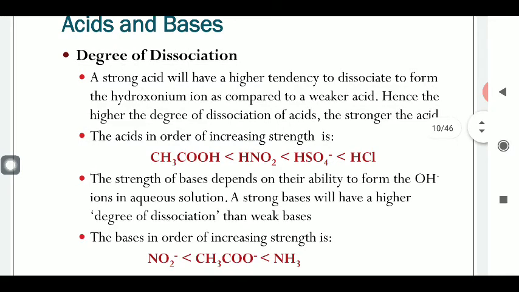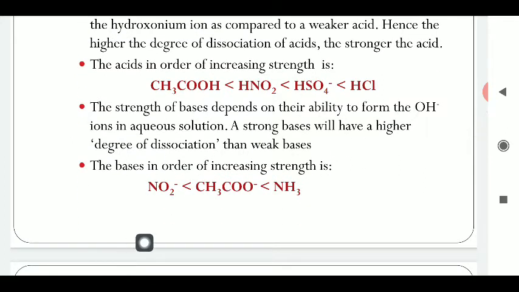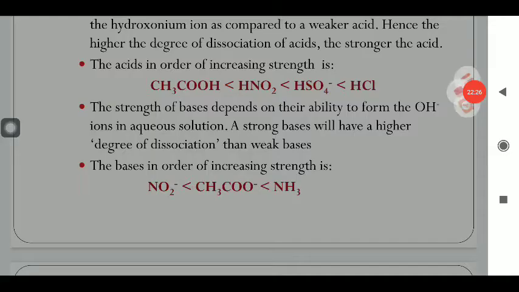On the basis of strength, the weakest acid is acetic acid, somewhat stronger is hyponitrous acid, somewhat stronger is sulfuric acid, and the strongest one is HCl. For the anions, the bases increase in the following order: the strongest base is ammonia and the weakest is the nitrite ion. So in this way, you can find out the relative strength on the basis of the degree of dissociation as well as the degree of association.